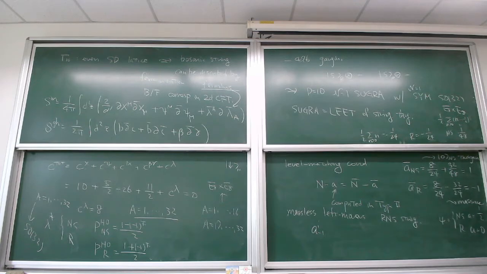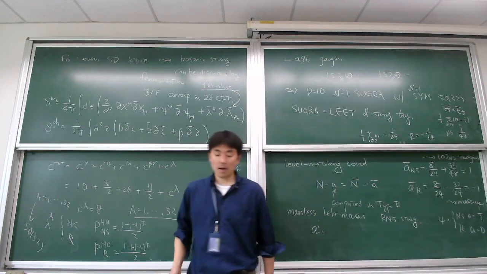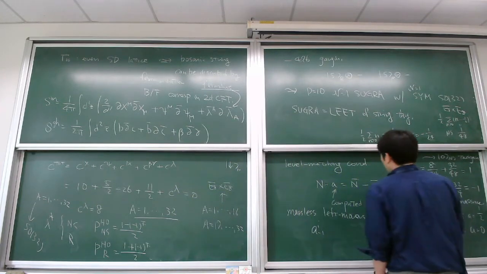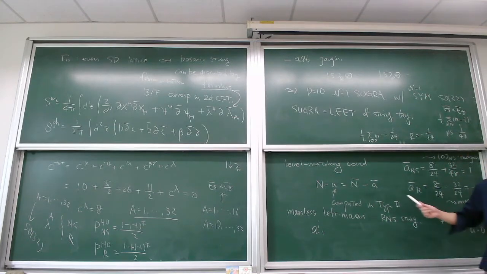So therefore, this tachyonic state, even though it's not projected out of the spectrum by GSO, does not satisfy the level matching condition. Okay? So level matching. So therefore, it does not show up in the spectrum.